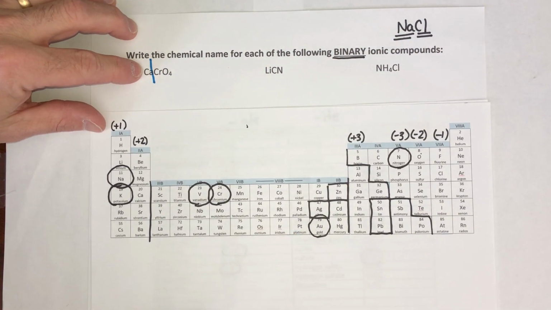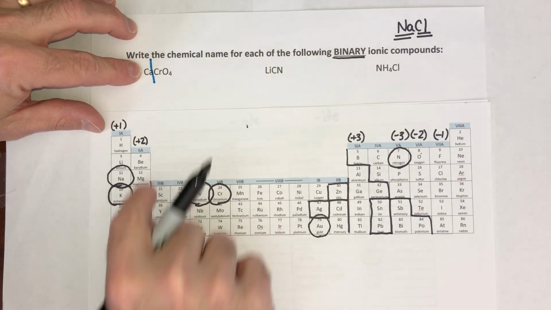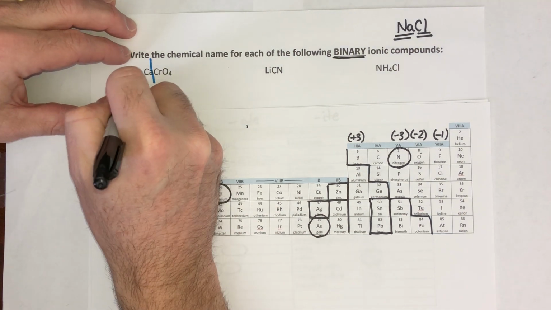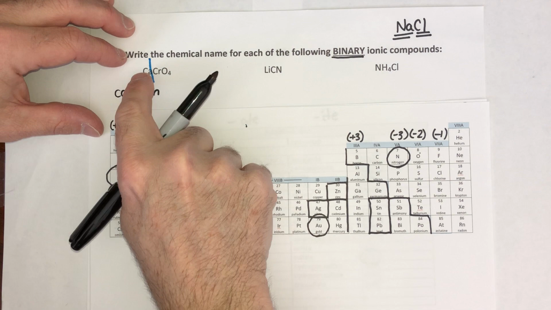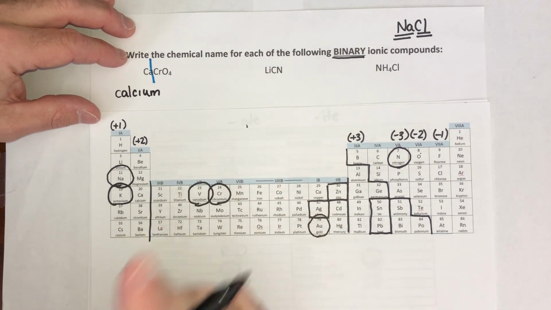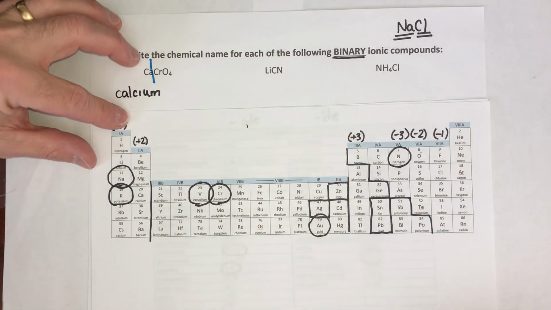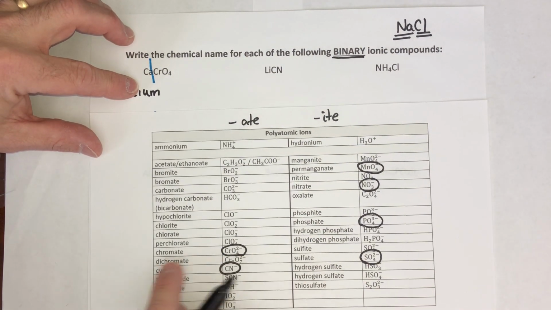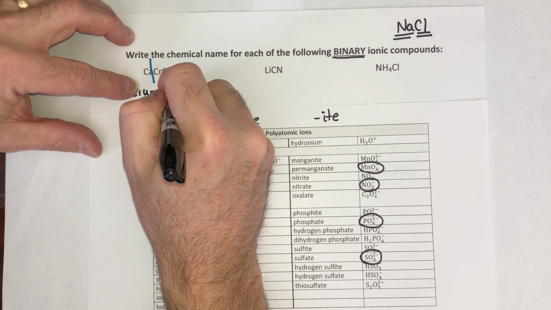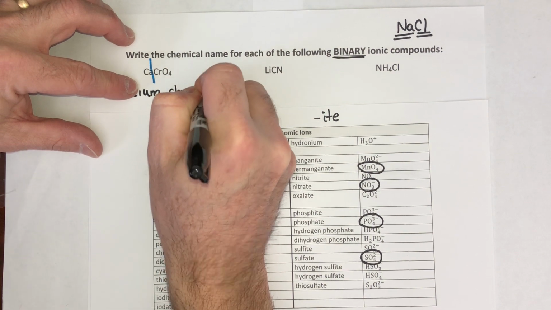That comes from my periodic table. Ca is calcium. So calcium. Excellent. And we know that the name of the first element never changes. It's always the same. The second element, we just found it, is CrO4, and it's called a chromate. Chromate.